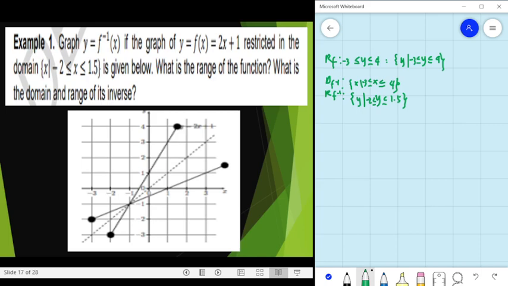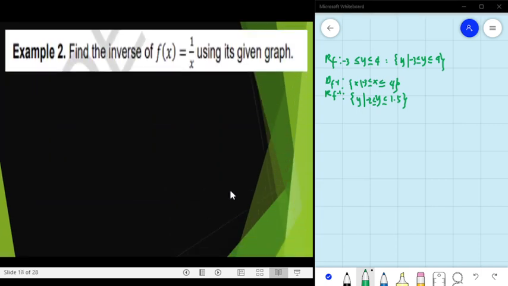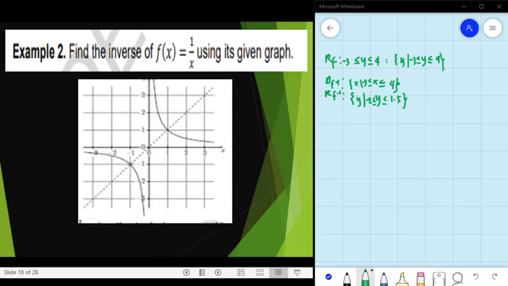Okay, next we are going to find the inverse of f of x equals 1 over x using its given graph. So this is the given graph.